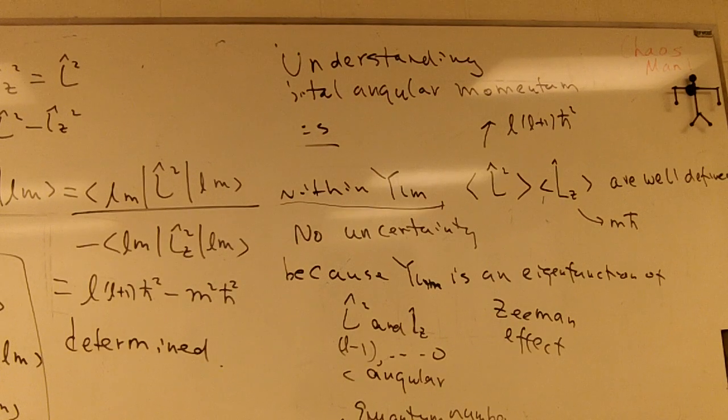So the uncertainty I was talking about is that if you calculate individual L_x or individual L_y, there's uncertainty. But if you add the squares up, there's no uncertainty. So this means that my components in the xy plane are not independent of each other. If you measure L_x versus L_y, you'll get entirely different results.